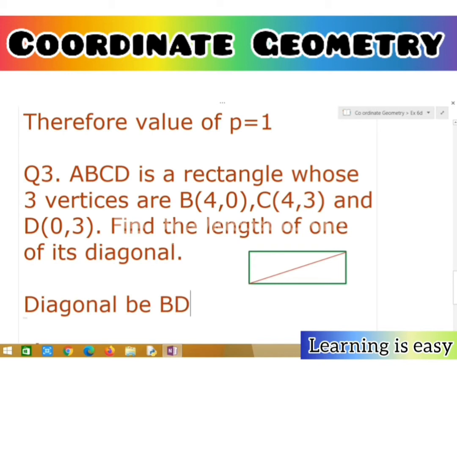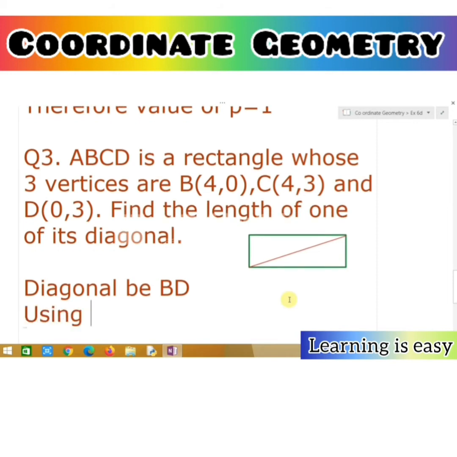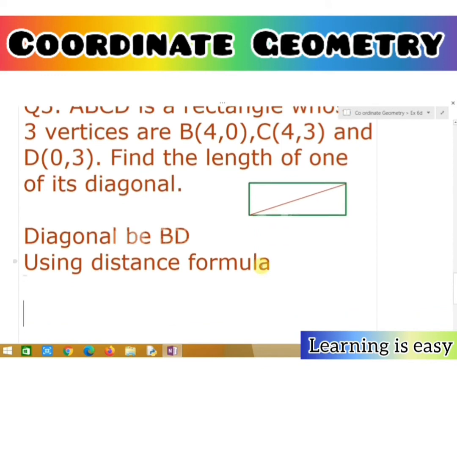So the diagonal BD, we know that using distance formula, and in the right angle triangle, as per Pythagoras theorem also, square of the other two sides, sum of square of other two sides gives the third longest side.